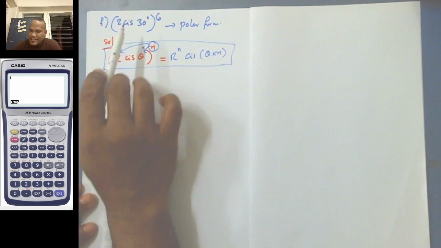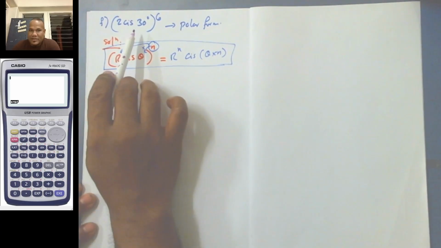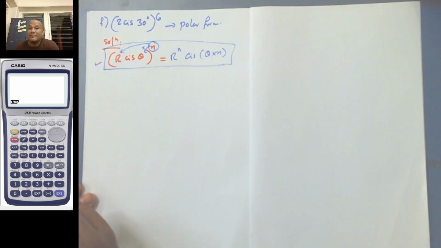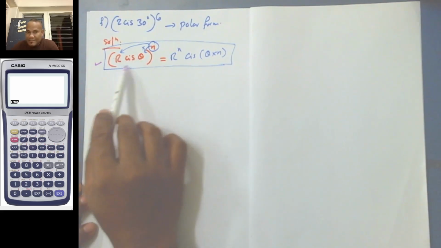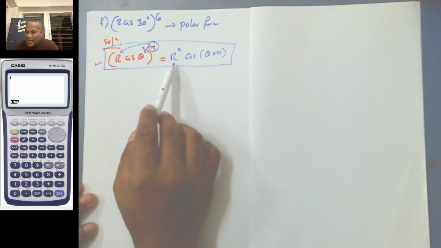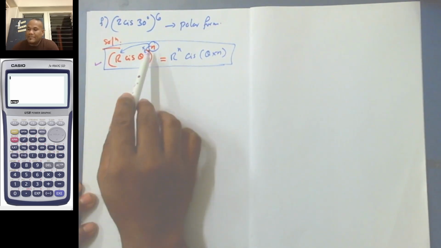Since this complex number is raised to the power of 6, we'll obey De Moivre's theorem, because it says any complex number raised to the power of n, we raise r to the power of n and multiply n with theta.